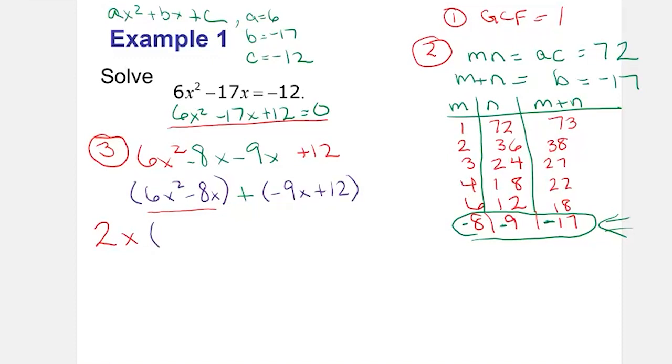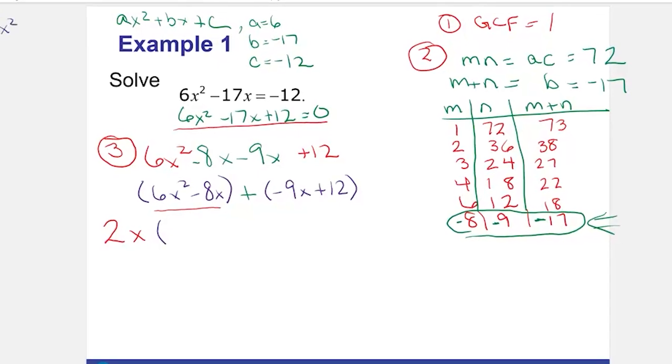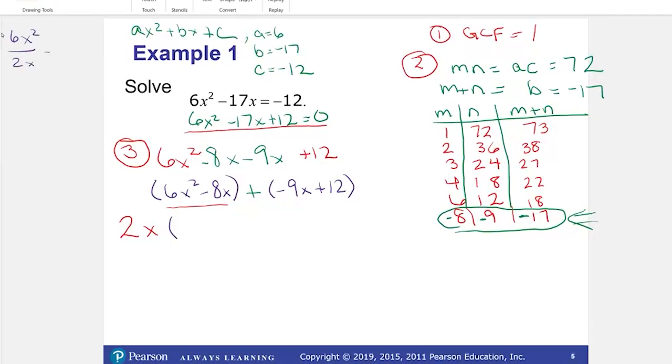So if I say 6x squared divided by 2x, I get 3x. So that gives me 3x here, minus, and then 8x divided by 2x equals 4. So I have 3x minus 4, right?